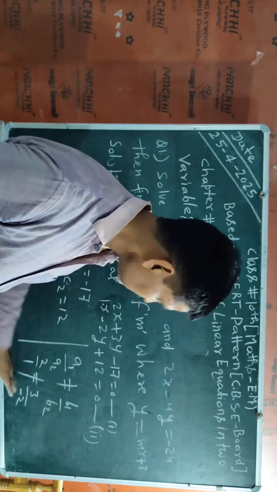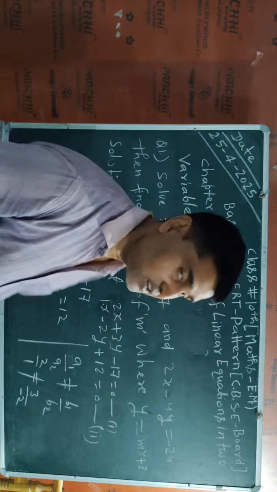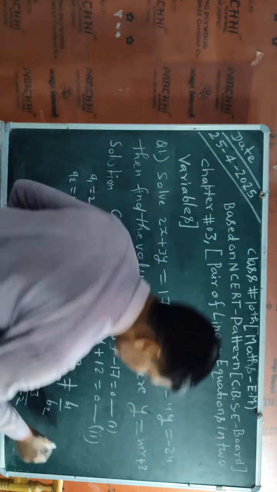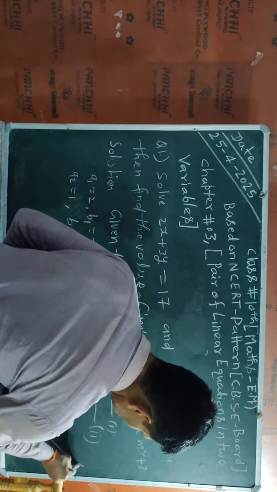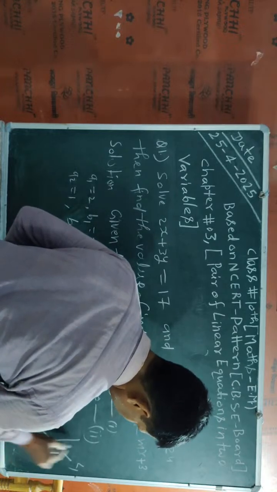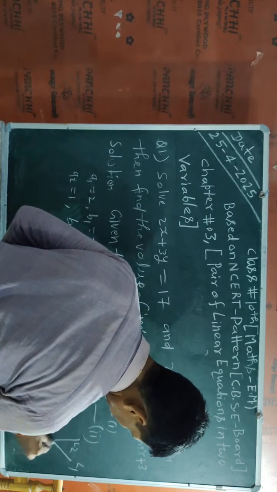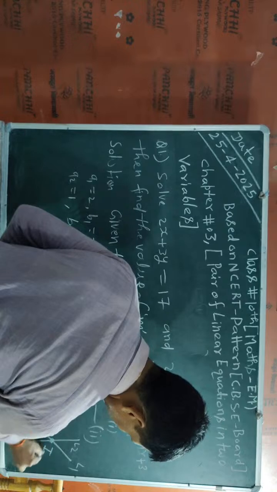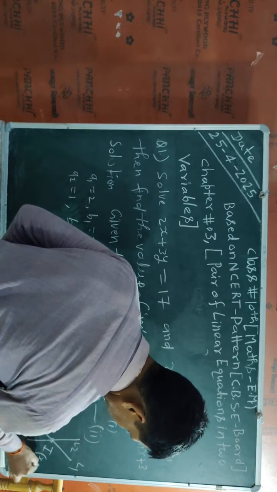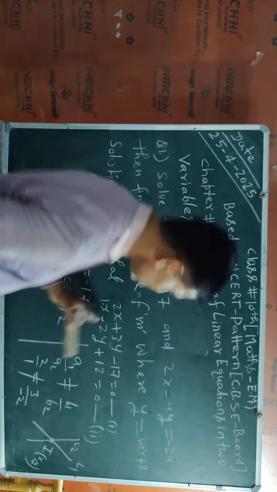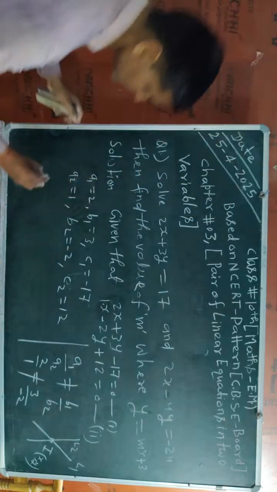Both are not equal. It means both lines are not parallel to each other. In other words, the two lines intersect at a certain point with coordinates x comma y. So in this case there is a unique solution.